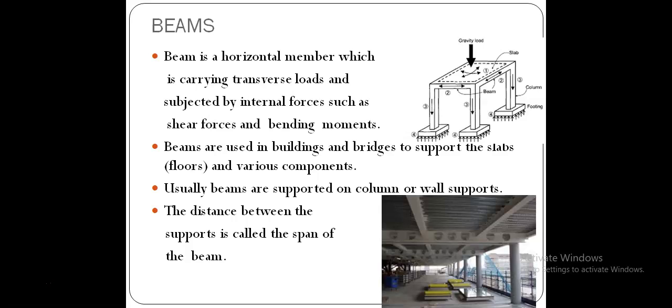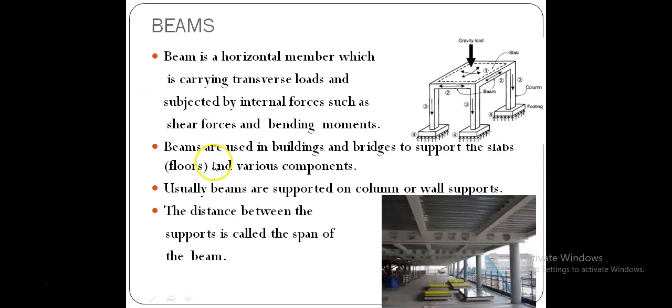So in that beam, it is subjected by different types of loads. Then the internal forces are developed. So those forces are nothing but bending moment and the shear force. So any horizontal member which is subjected by transverse load, then it is having some internal forces such as shear force and bending moment. So that member is called a beam.